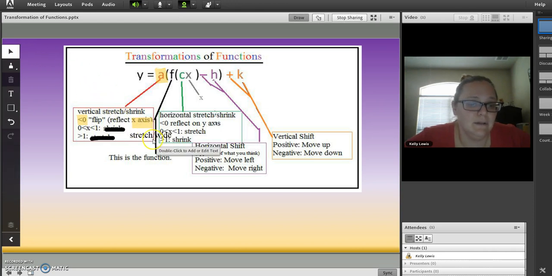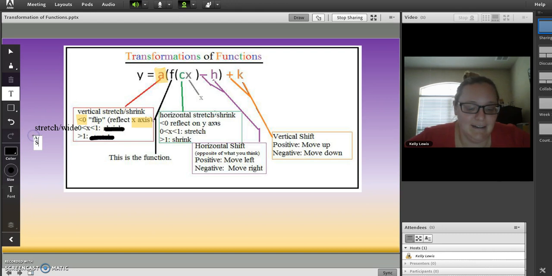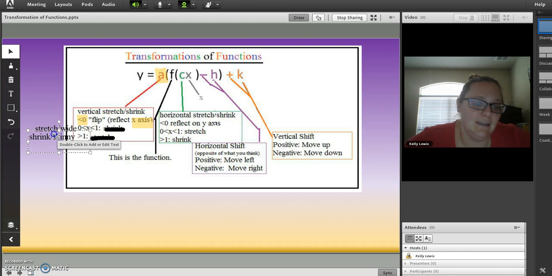If it's greater than 1, then it gets skinnier. It shrinks. Like if it was 5 versus 1/2.